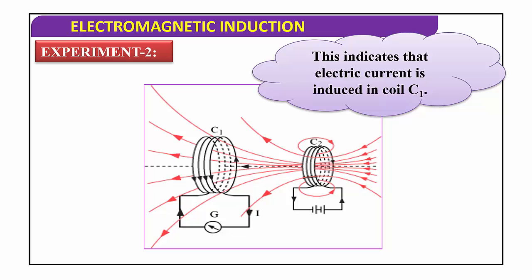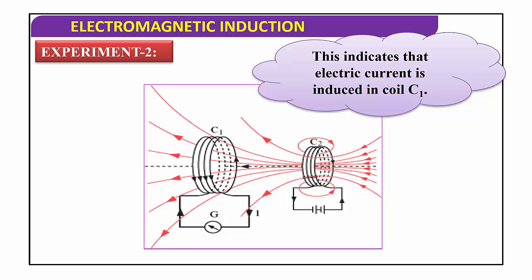From this experiment, we came to know that whenever the magnetic field changes, then only induced EMF takes place. That means whenever the magnetic field changes, electric current is induced in the closed coil. So this is all about experiment 2, which is called current induced by current.